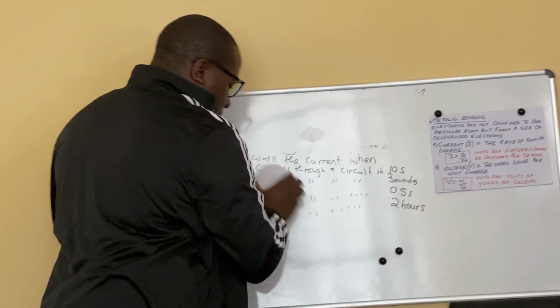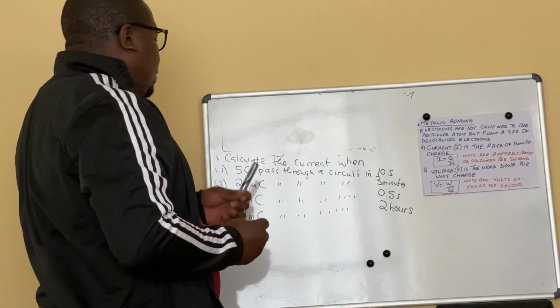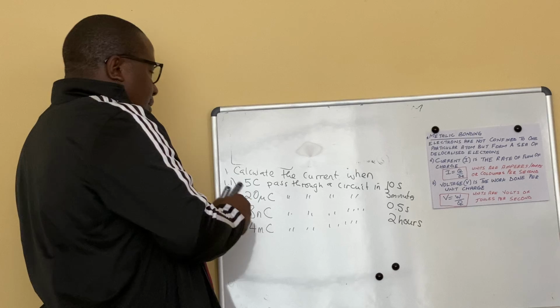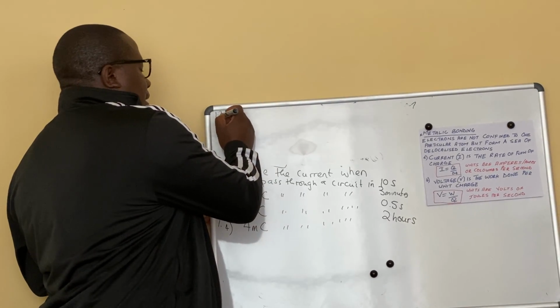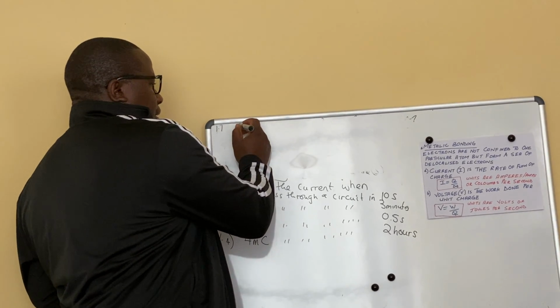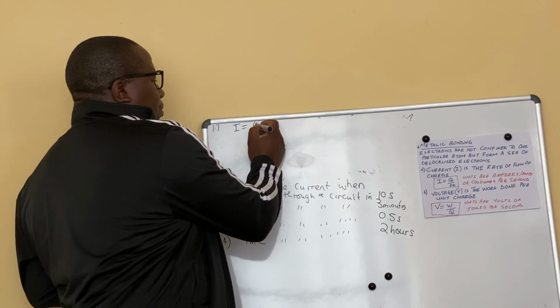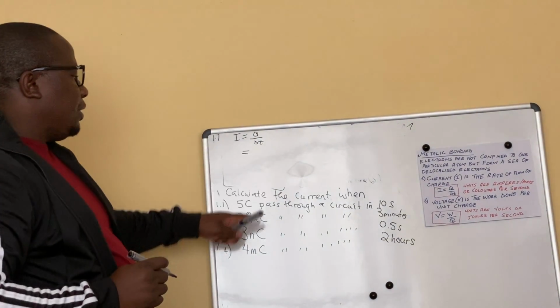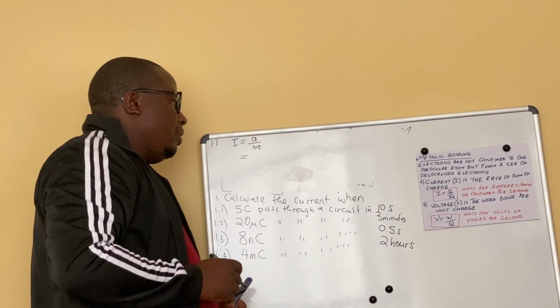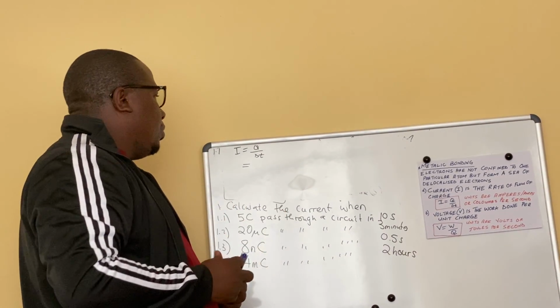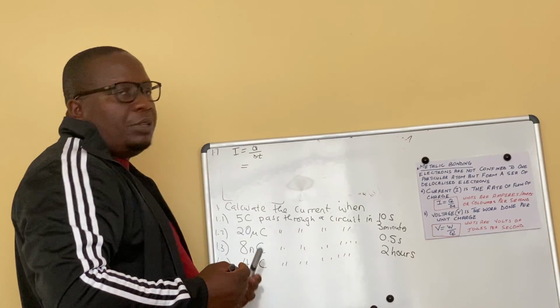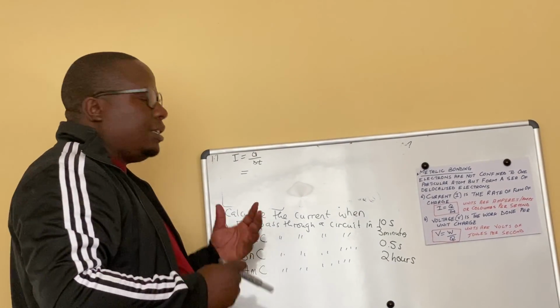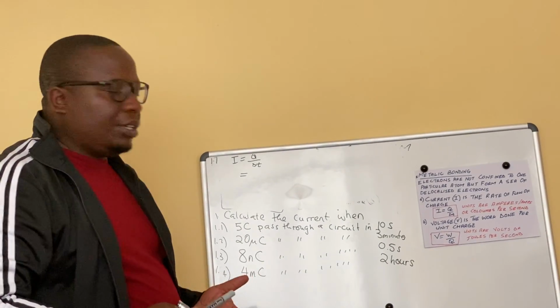So we are going to do the first one together. Very simple. 1.1, I is equal to Q divided by delta T. So what is our Q? Our charge here is 5, and charge is measured in coulombs.